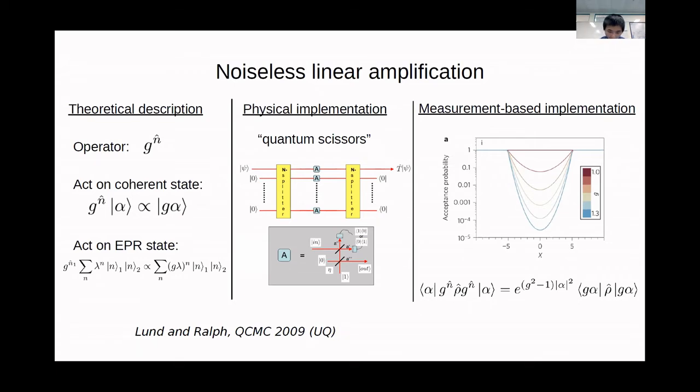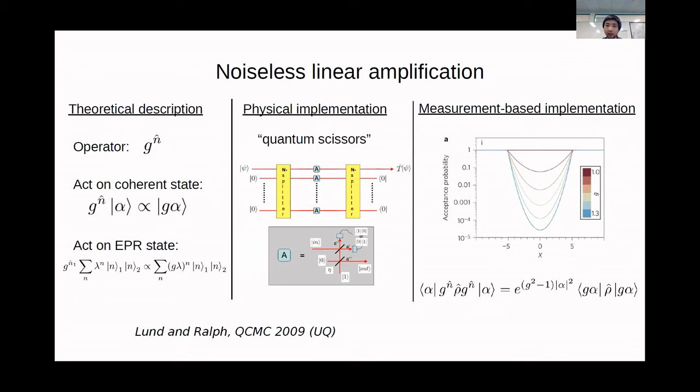In Canberra, we have been following a complementary approach, which we call measurement-based noiseless linear amplification. What we make use of is a fact noted first by Fiurášek, and second by Cerf, that noiseless linear amplification can be implemented in a measurement-based manner.